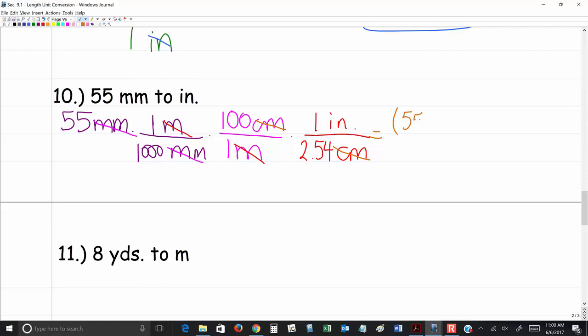So it'd be 55 times 100 in parentheses divided by 1,000 times 2.54 in parentheses. All right, so that gives me approximately 2.17 inches.